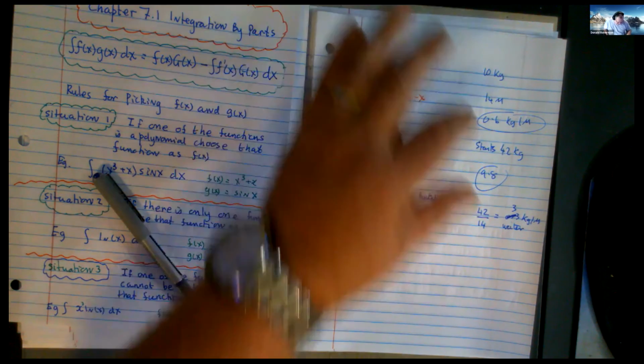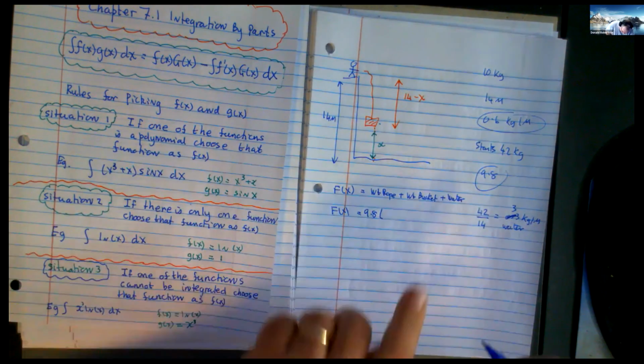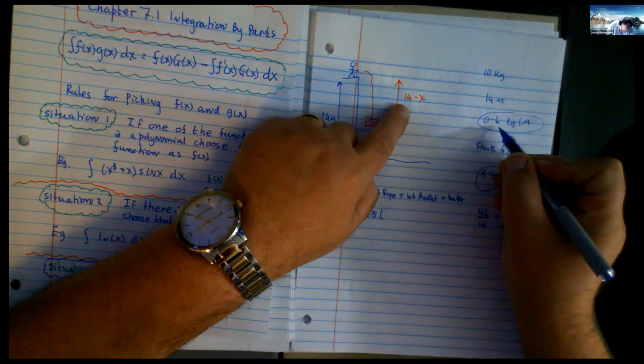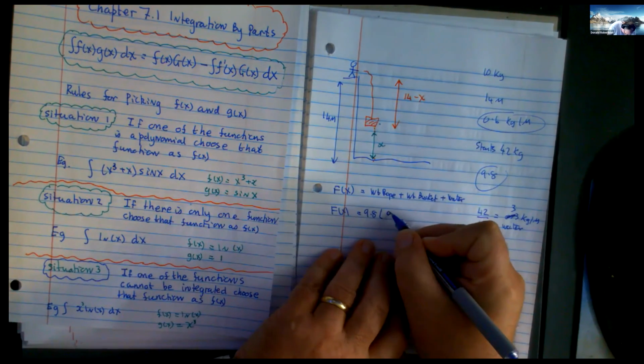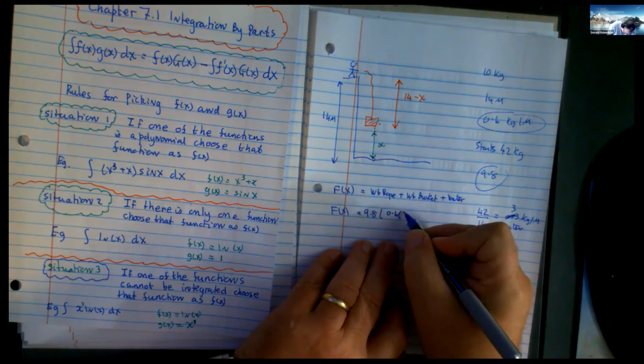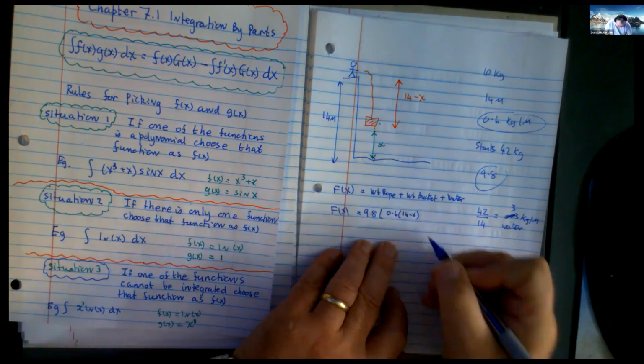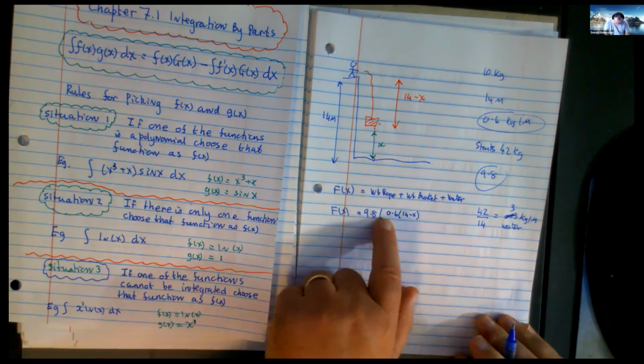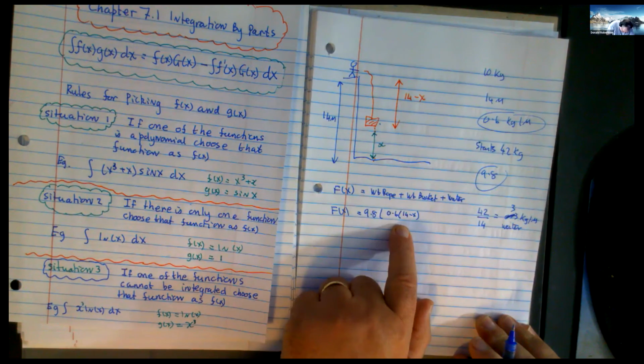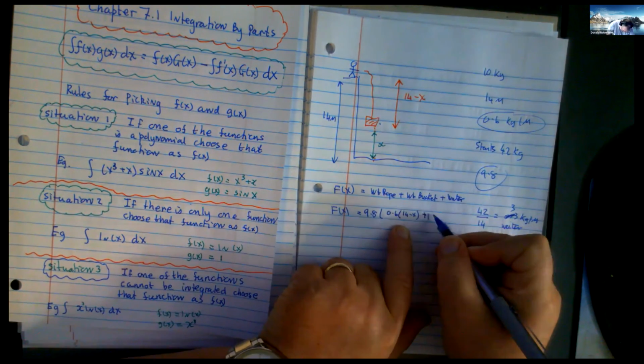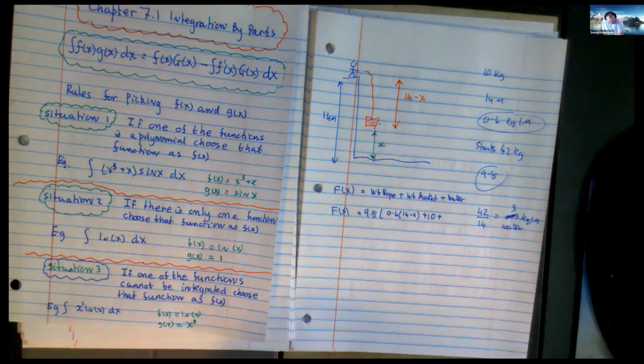You comfortable with that? Yes. And the rope weighs 0.6 kilograms a meter. So 0.6 times 14 take away X. That's the rope. That's that bit done. The bucket is just 10. So far, so good? Yes.